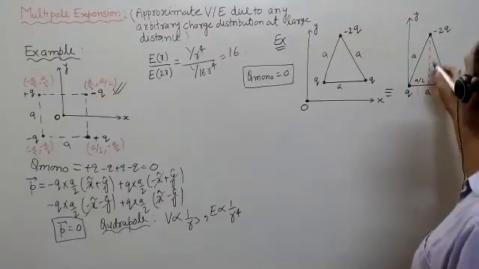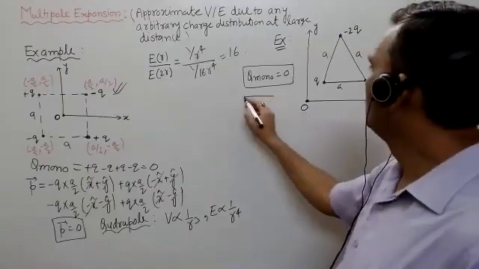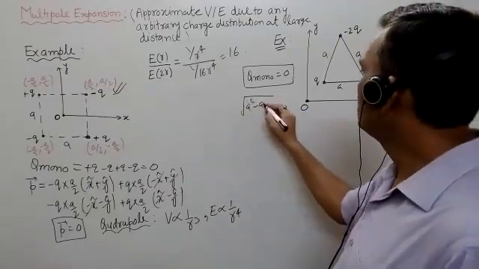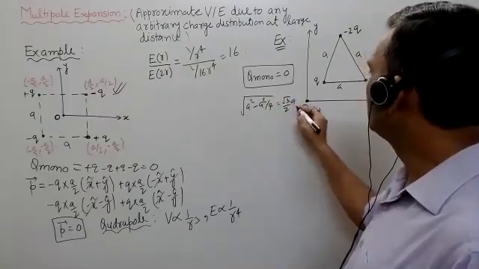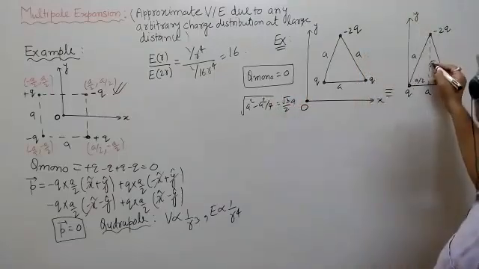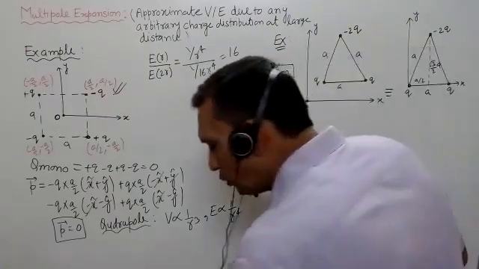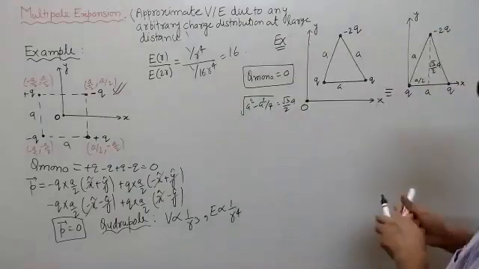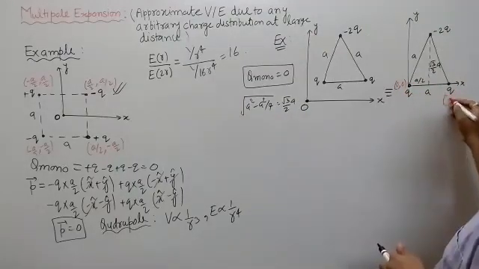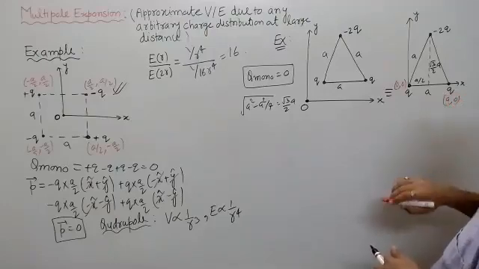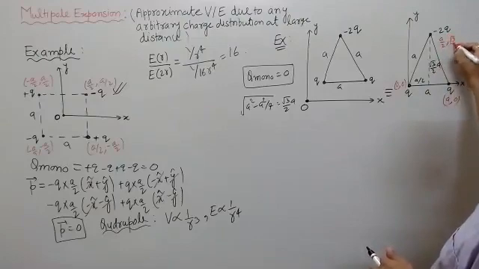This will be a by 2, and this distance will be under root a square minus a square by 4, so that is under root 3 by 2 a. So you know the position vector of each charge. This is 0, 0. This coordinate is a, 0, and this will be a by 2, under root 3 by 2 a.